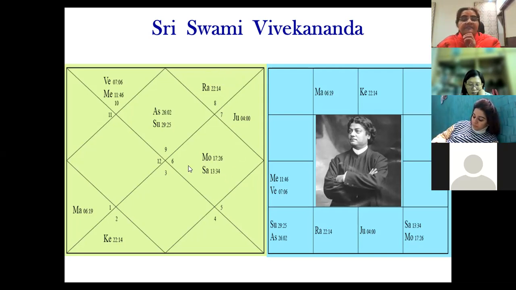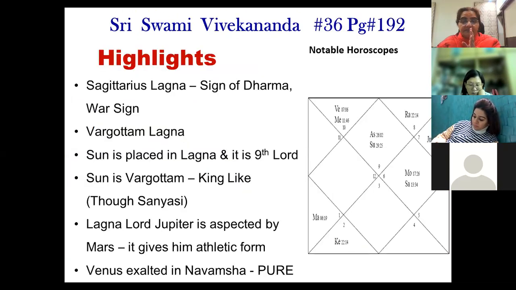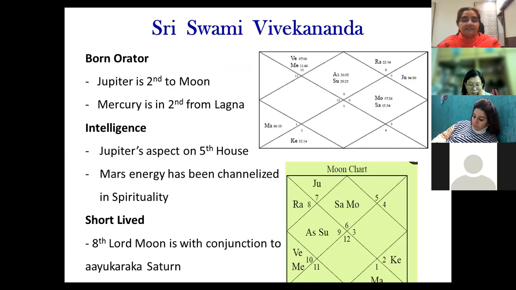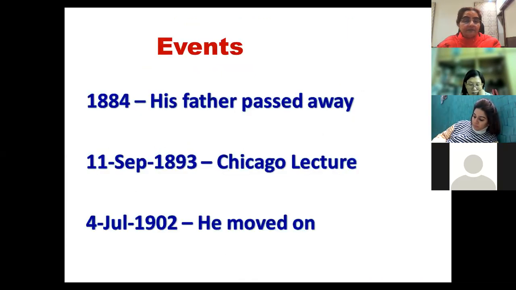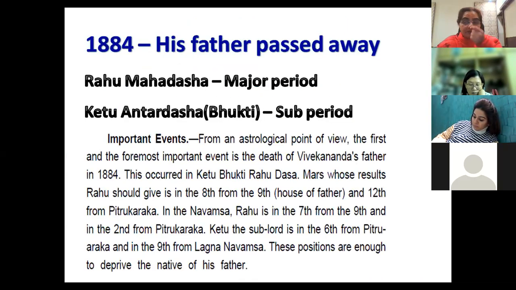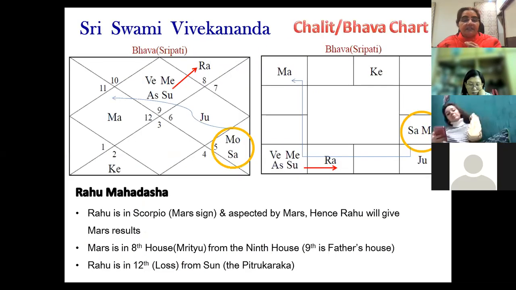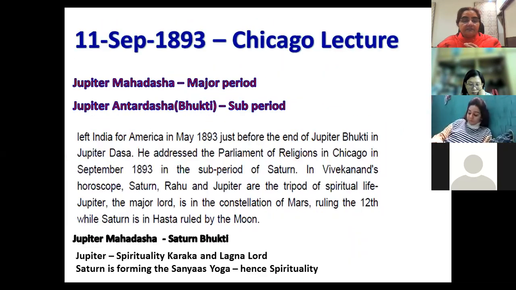Now Saturn and Moon, why are they spiritual? We think Saturn is one of the malefic planets, how can it be? Then there is a yoga. If you see, it says sannyas yoga also. Whenever Saturn and Jupiter are together, it sometimes makes sannyas yoga.